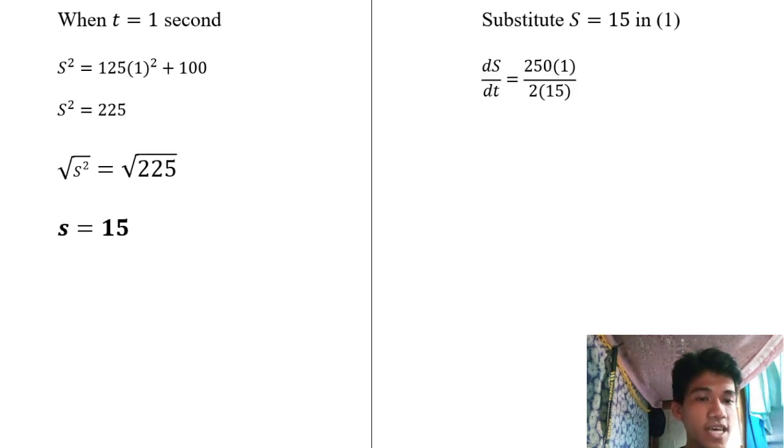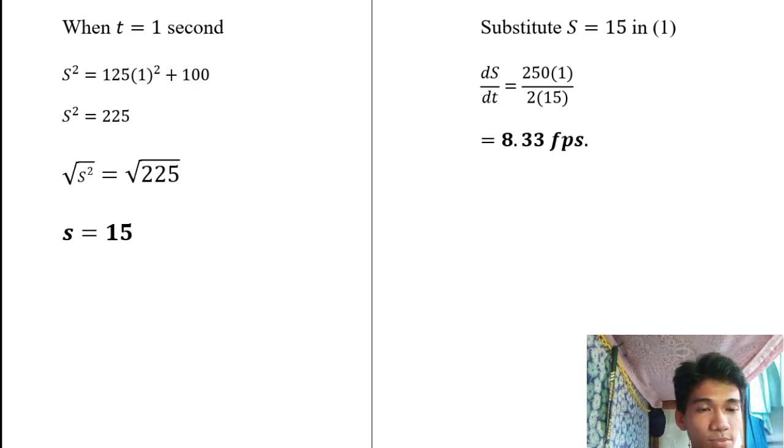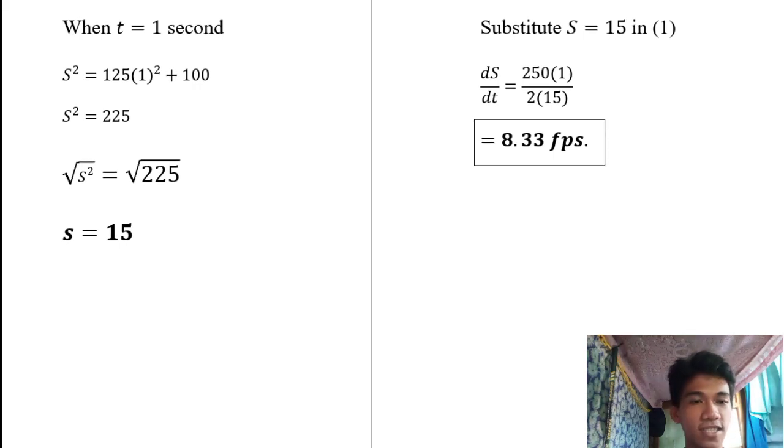So we have the ds over dt equals to 250 times 1 over 2 times 15. So simplify nato sila. 2 times 15 equals to 30. Then 250 divided by 30 is equal to 8.33. Then butangan na nato og unit, which is ang fps. Then put a box around it. So that is the final answer. So, thank you.